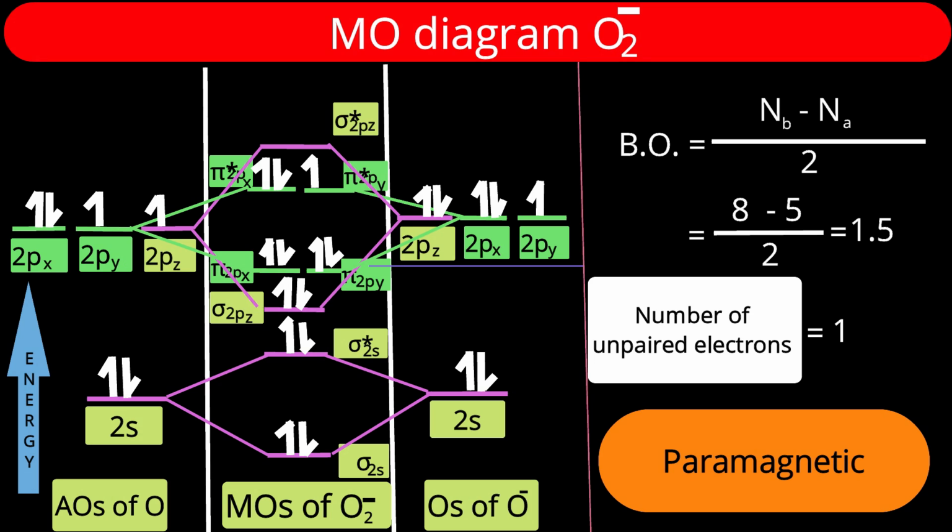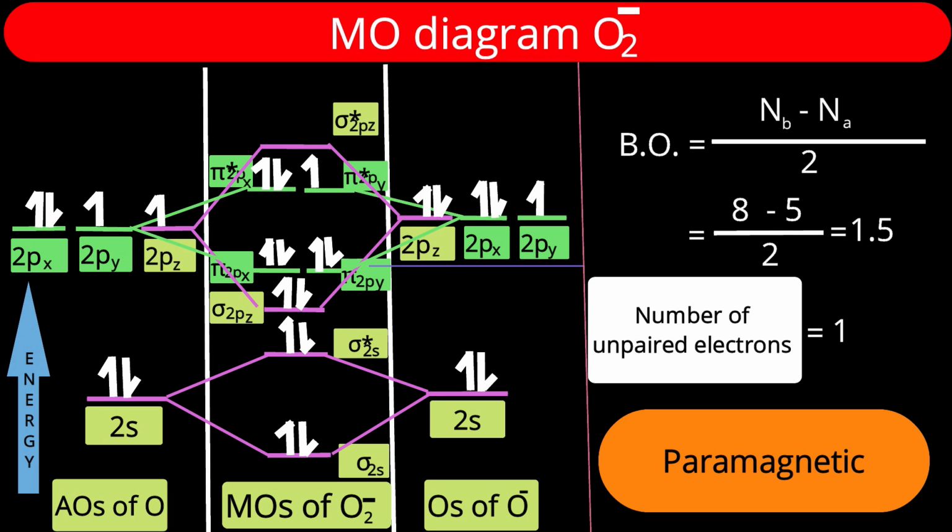The 11th electron will enter pi 2px, the 12th electron pi 2py, the 13th electron pi 2px, the 14th electron pi 2py. The 15th electron goes in pi star 2px, the 16th electron in pi star 2py, following Hund's law of maximum multiplicity. And the 17th electron in pi star 2px will pair there.